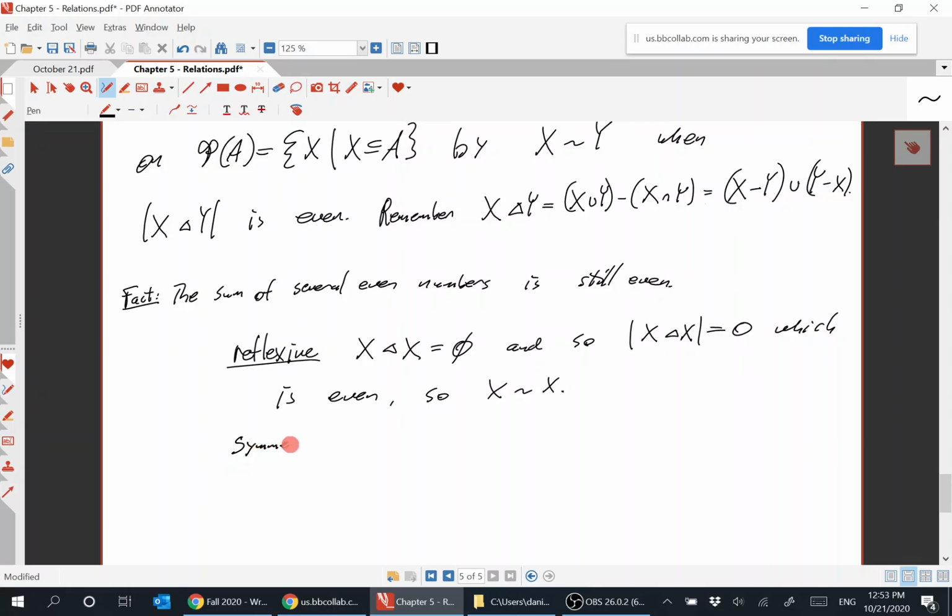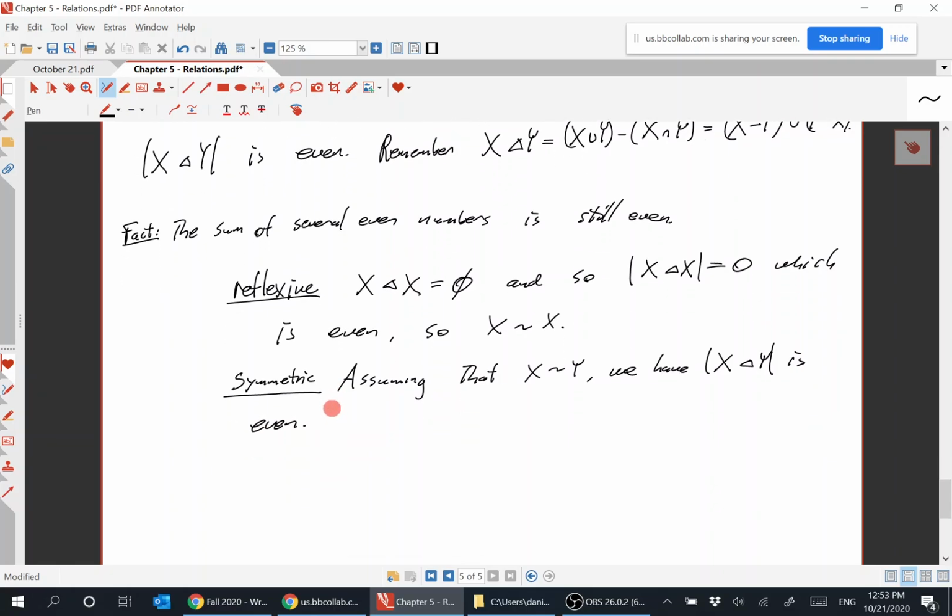Symmetric. So assuming that x is related to y, we have that x symmetric difference y is even. Thus, x union y minus x intersect y is even.